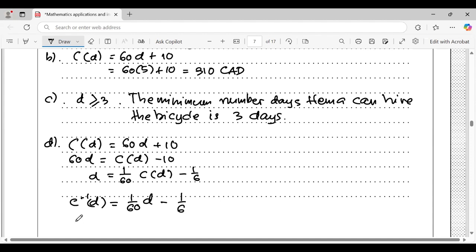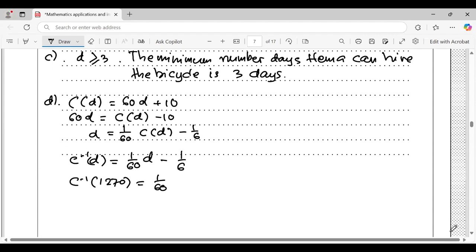So if D is 1270, it means 1 over 60 multiplied by 1270 minus 1 over 6.